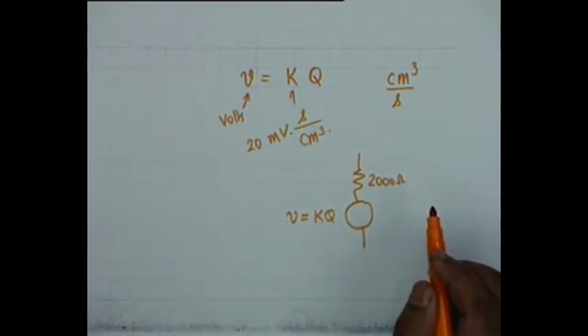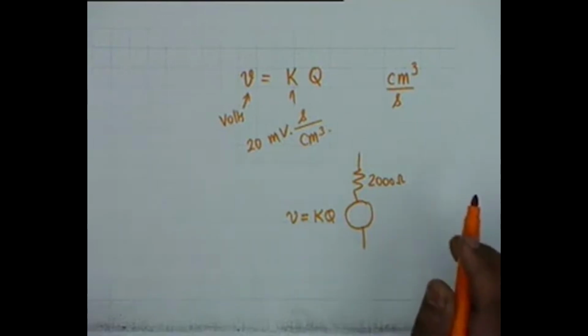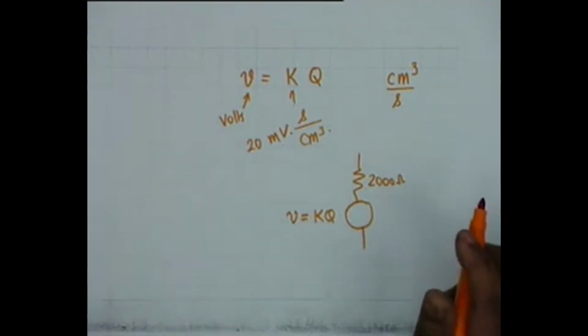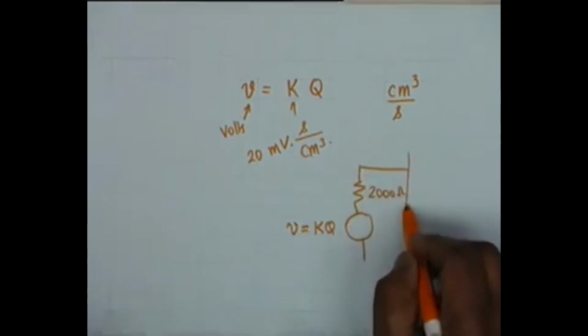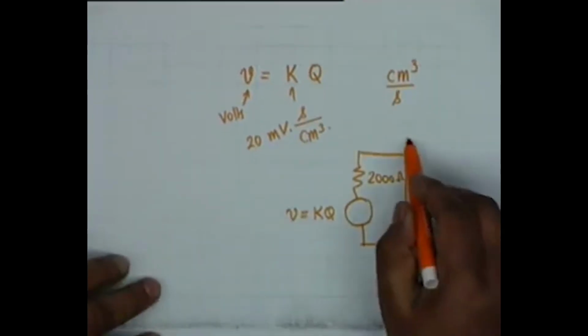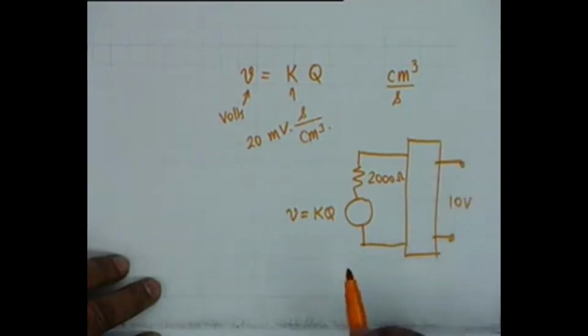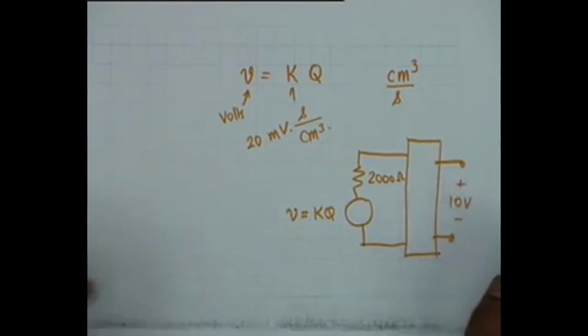Design a circuit that will develop an output voltage of 10 volt when 200 cc has passed through the metering point. That is the total flow, when the total flow is 200 centimeter cube.